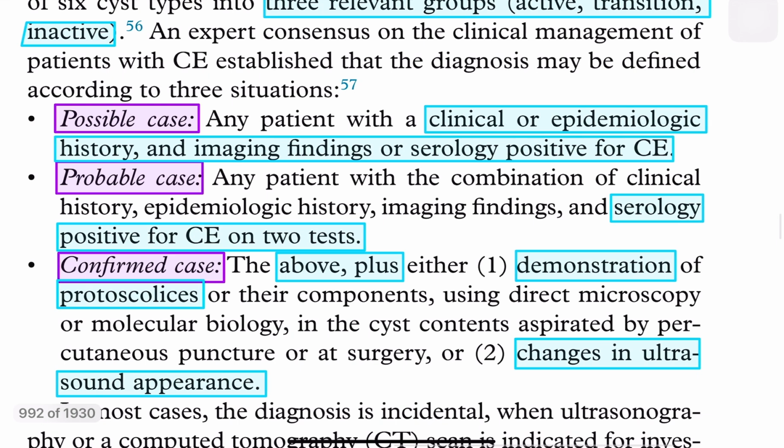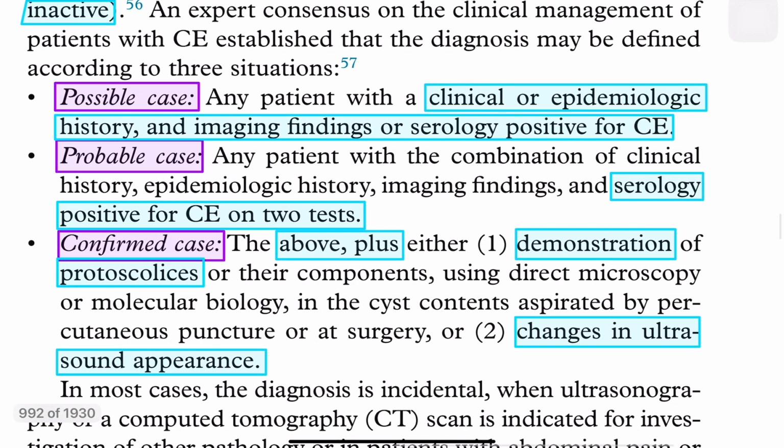And in a confirmed case, along with these two, you will see the demonstration of protoscolices and a change in ultrasound appearance. Okay, so probable case: serology positive. Probable case 2: test positive for cystic echinococcus.